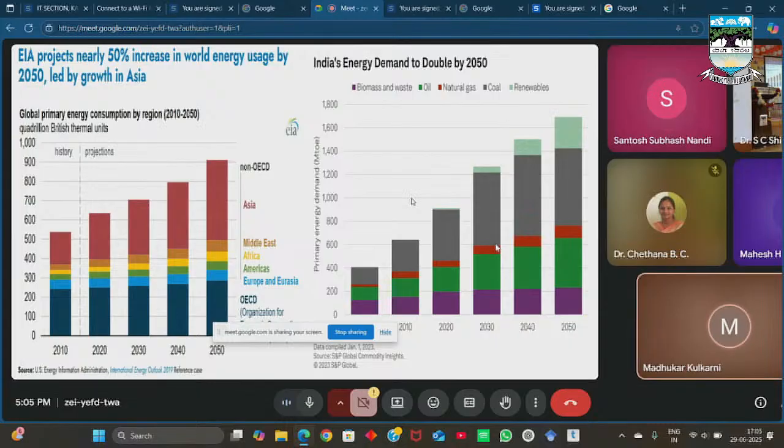Therefore, as material scientists, reducing import dependence through renewable energy, energy efficiency and advanced storage technologies is very much essential for ensuring long-term energy resilience and economic stability in the case of India.